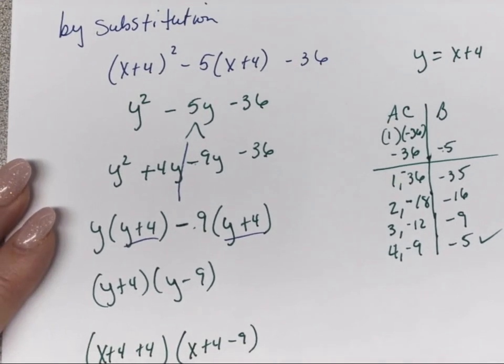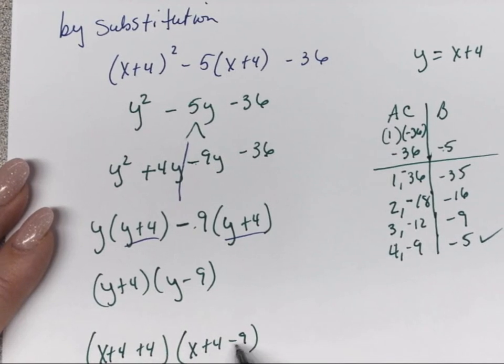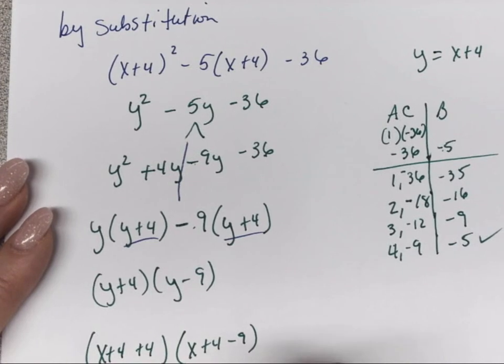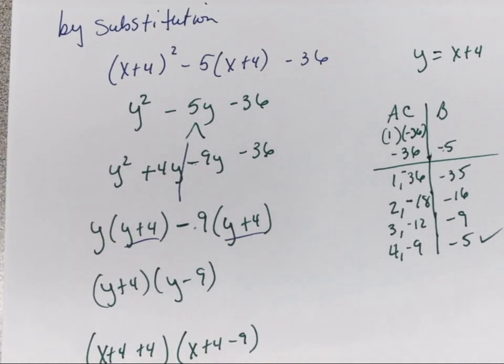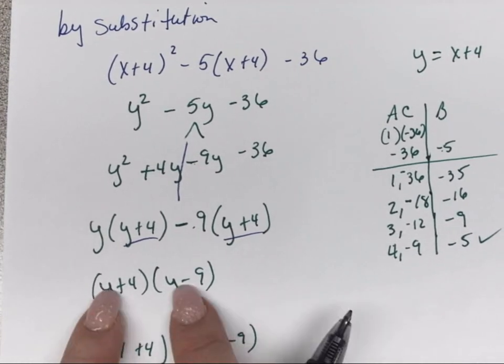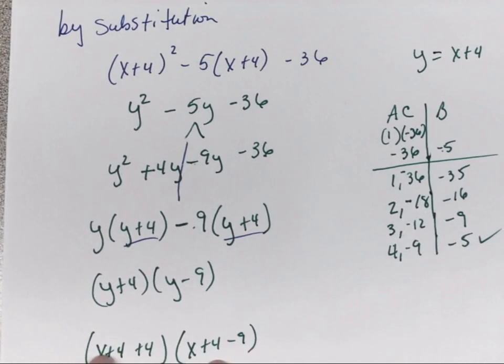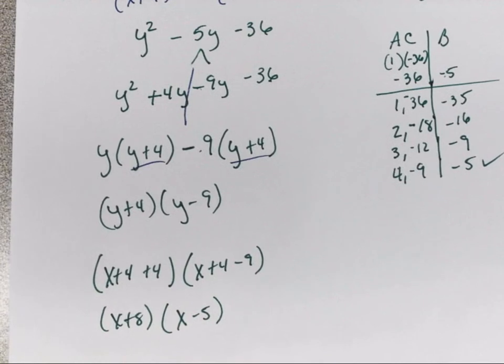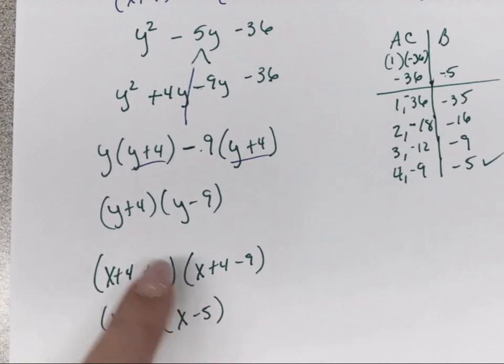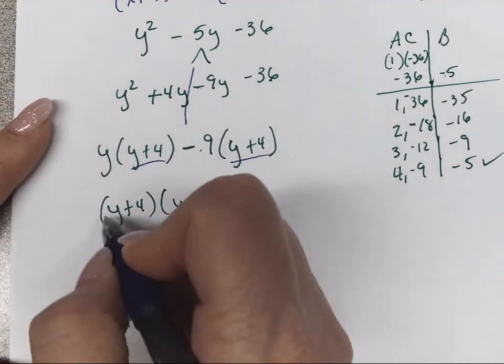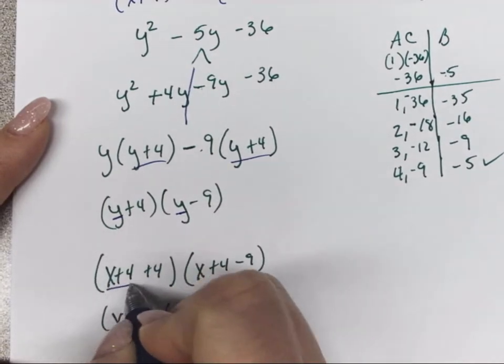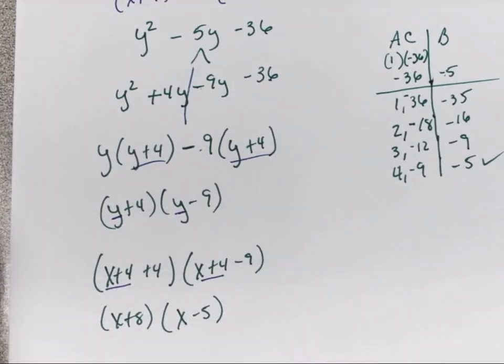So x plus 4 plus 4 will get us x plus 8. X plus 4 minus 9 will get us x minus 5. So don't forget you have to substitute back in. Oops, sorry, you couldn't see that. So make sure you go back and substitute because that y has to be the x plus 4 parts, because that's what we were substituting.